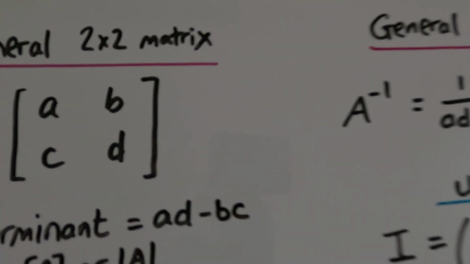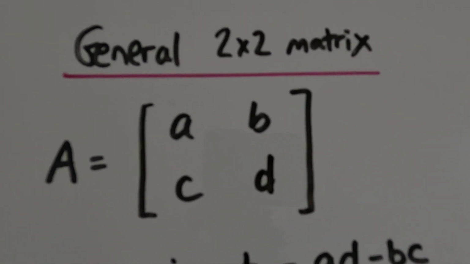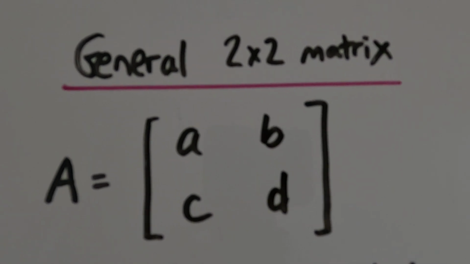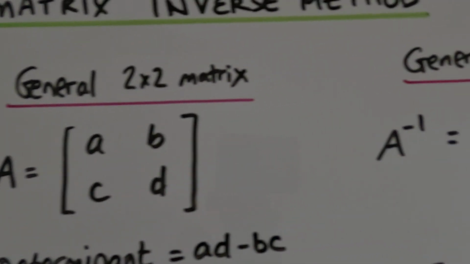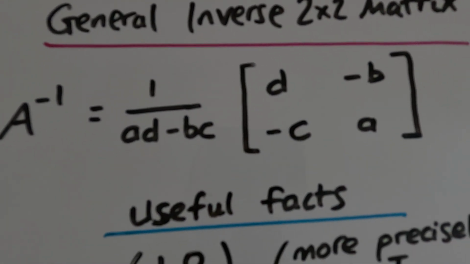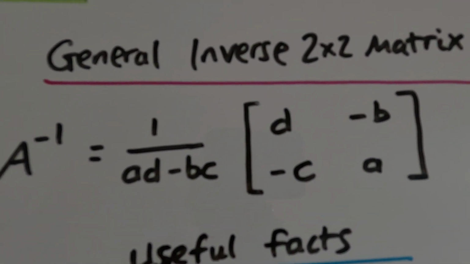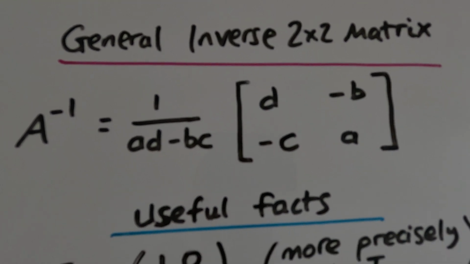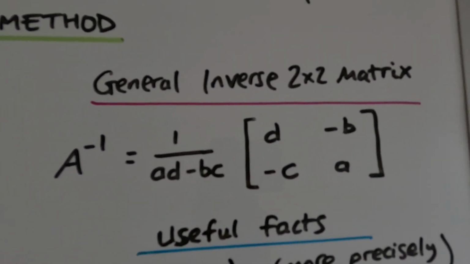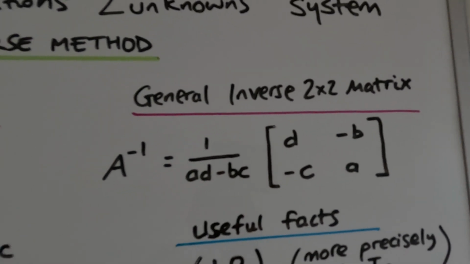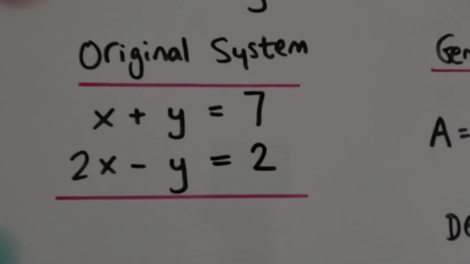What we've done is we've swapped the a and the d around, swapped the terms in the leading diagonal, and then we've changed the signs of b and c. So we haven't moved their positions, we've just changed their signs. And then we multiply all of that by 1 over the determinant. That gives us A inverse. Now we'll be using that because we will need to know A inverse when we go to solve this system of equations.